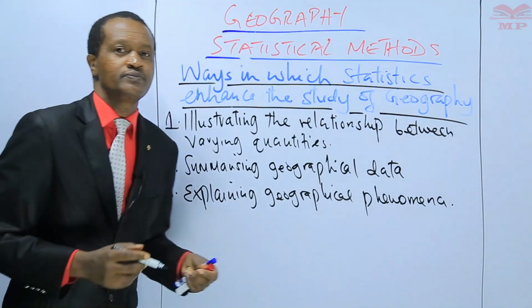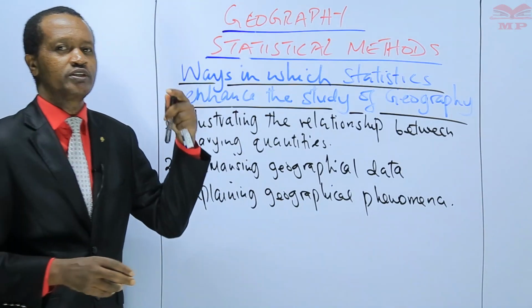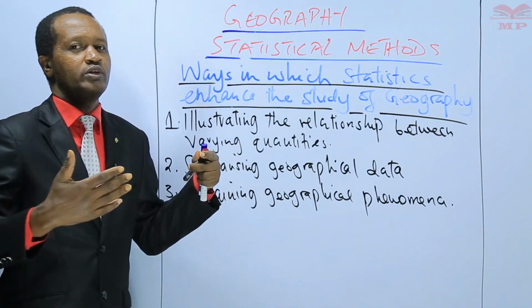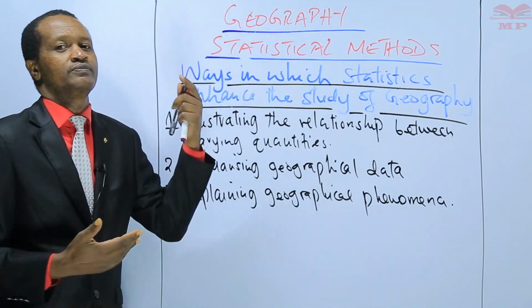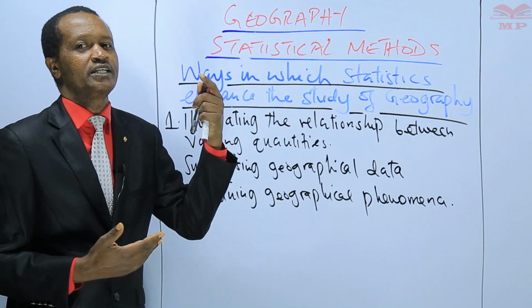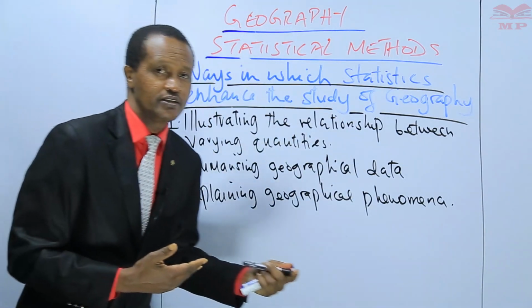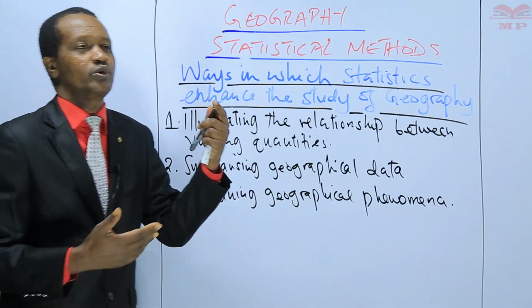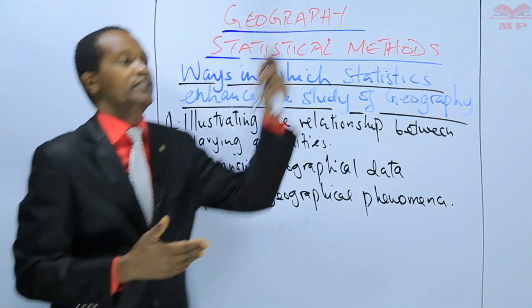Now, learners, statistical data enables us to explain various geographical phenomena. For example, by studying the climatical data of an area, it's possible to explain why a certain type of vegetation is dominant in that area.